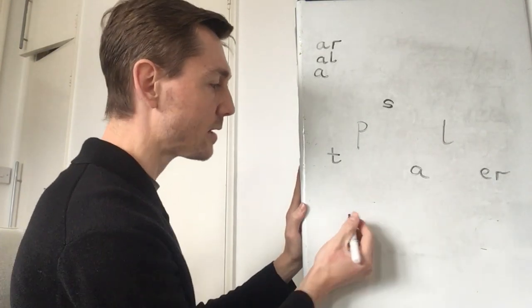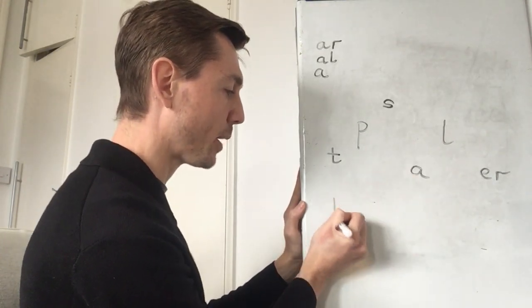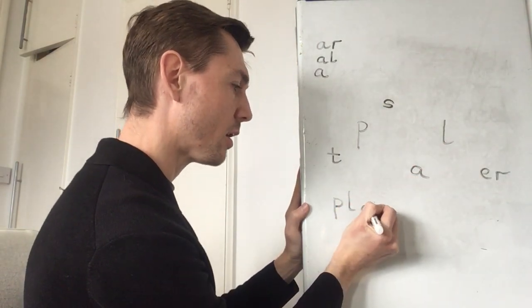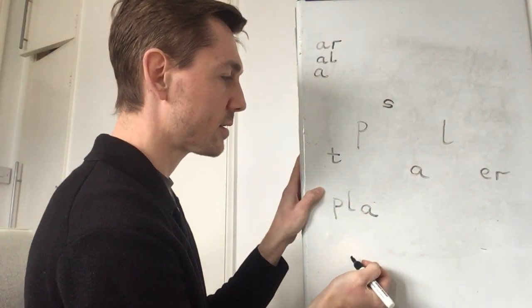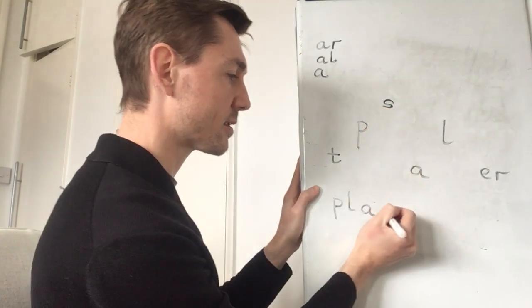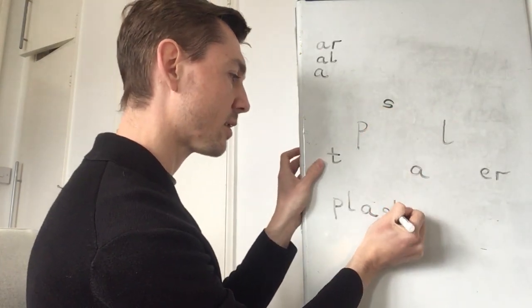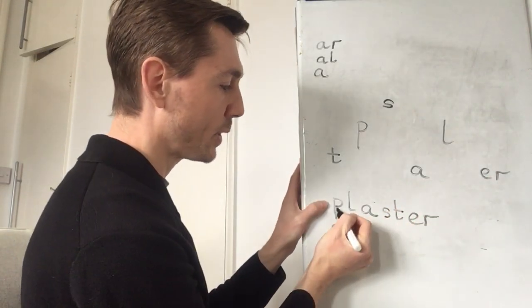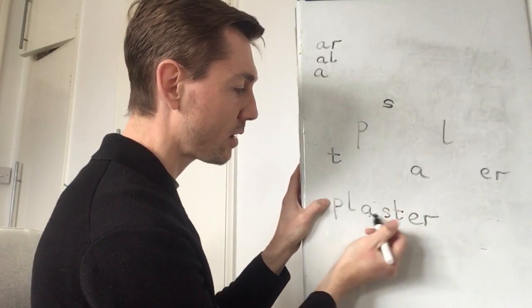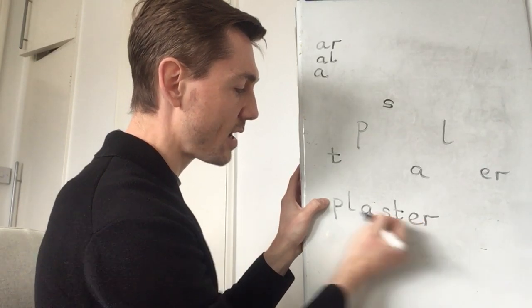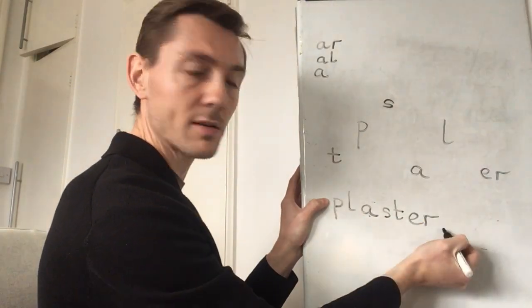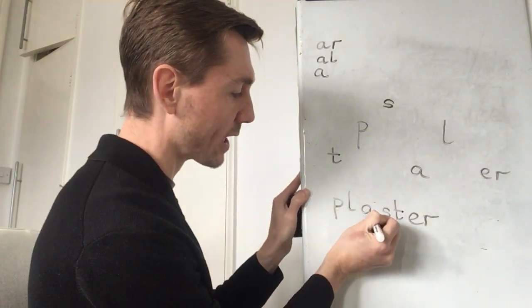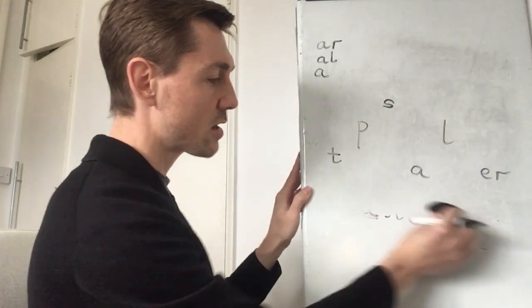So, pla, p, u, r, stir, s, t, p, u, r, pla, stir, plaster. We've got the A on its own spelling of R again, which we've already got here.